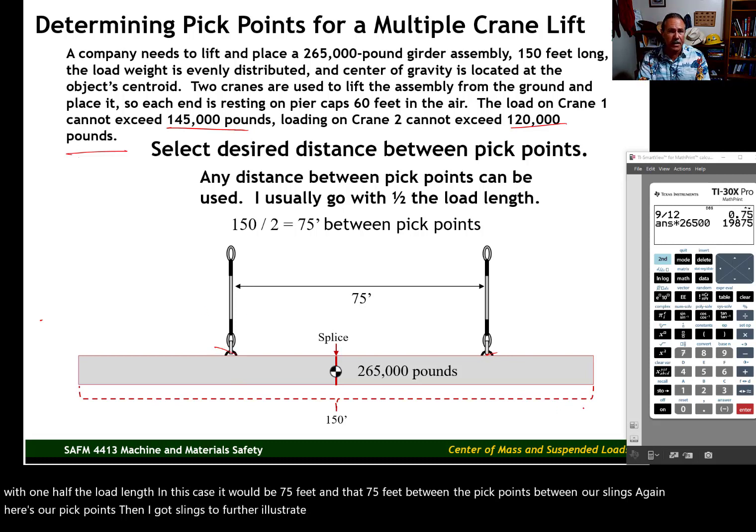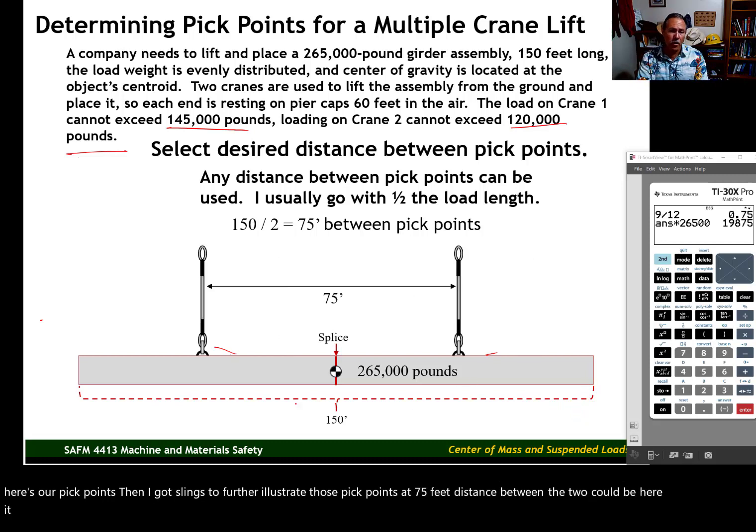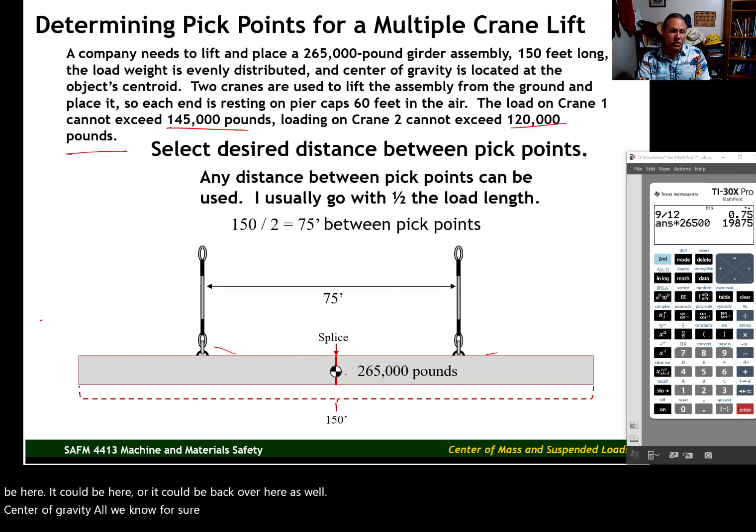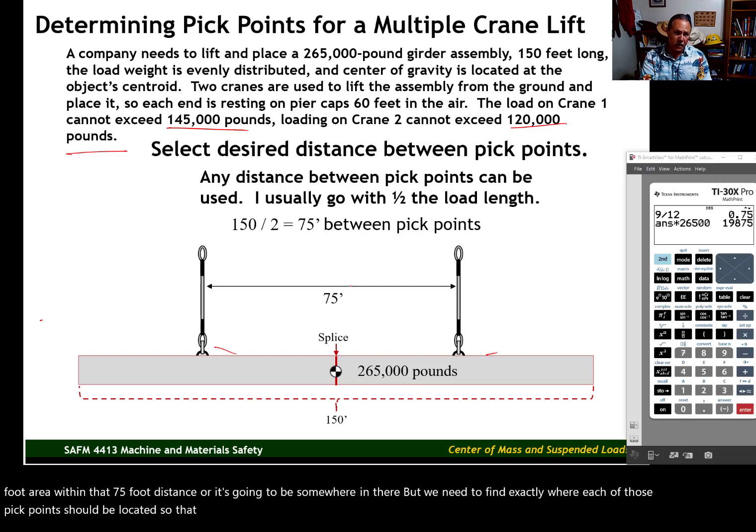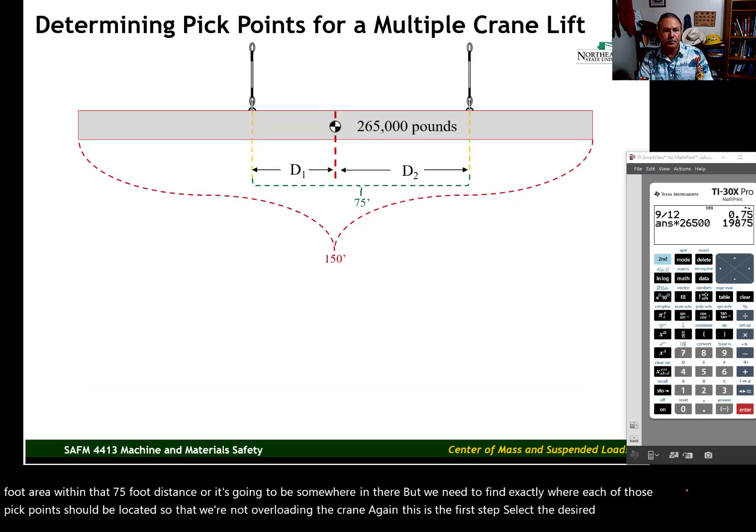That 75 foot distance between the two could be here, it could be here, or it could be back over here. All we know for sure right now is that the center of gravity is going to be between our pick points, within that 75 foot distance. But we need to find exactly where each of those pick points should be located so that we're not overloading the crane. Again, this is the first step: select the desired distance between the pick points.